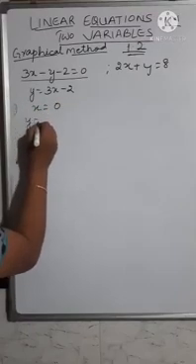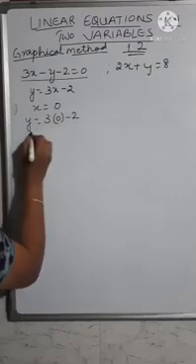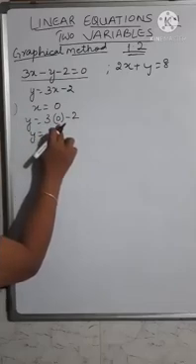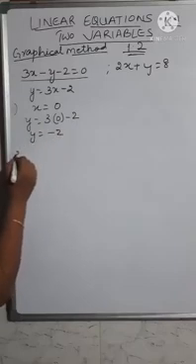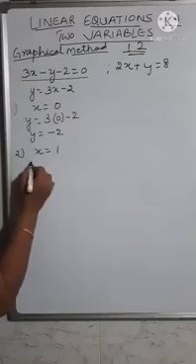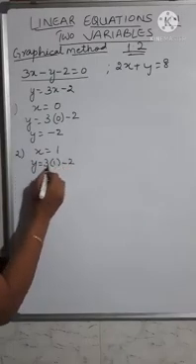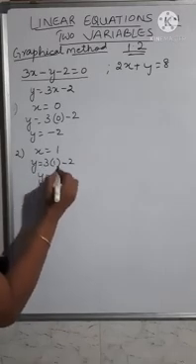So y will be equal to 3 into 0 minus 2. 3 into 0 is 0 itself, and 0 minus 2 is minus 2. Now the second value, I'll take x is equal to 1. So y is equal to 3 into 1 minus 2. 3 ones are 3, 3 minus 2, you get y is equal to 1.